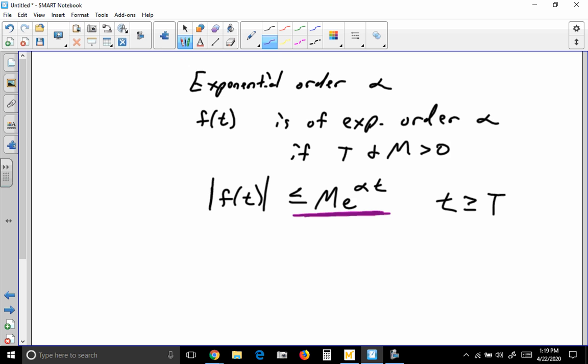But if we're not of exponential order, then this is not a true statement.